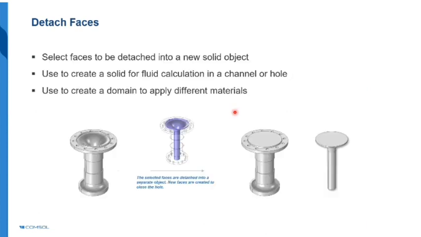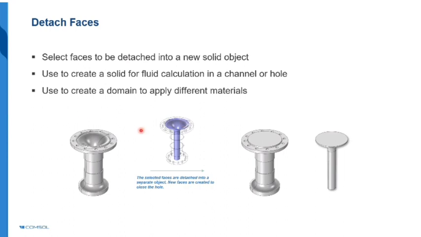Another operation is the detached faces operation. The detached faces operation is typically useful, for example, when this is the imported object, and here we have a solid object inside that. The way the object has been created is such that this is not a closed object, and hence you are not able to apply any different type of material, or create any channel inside that.